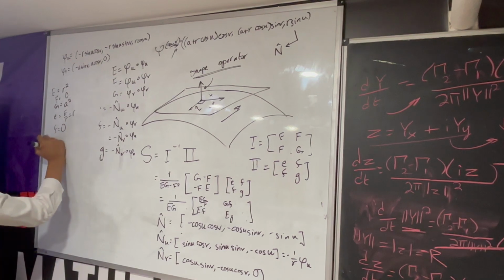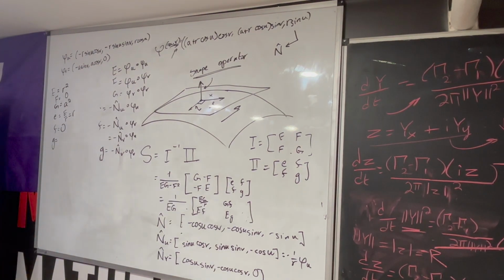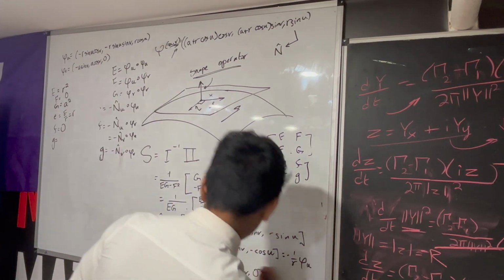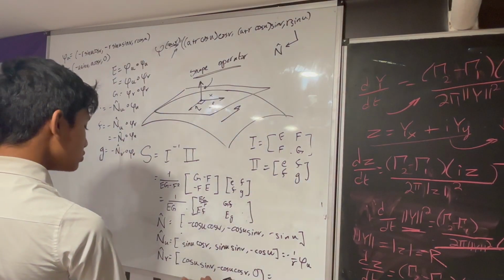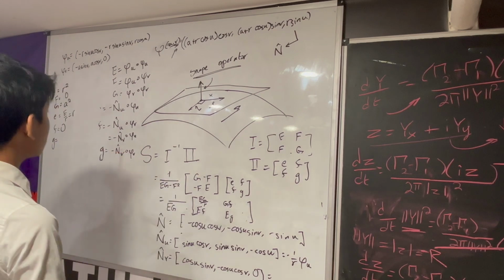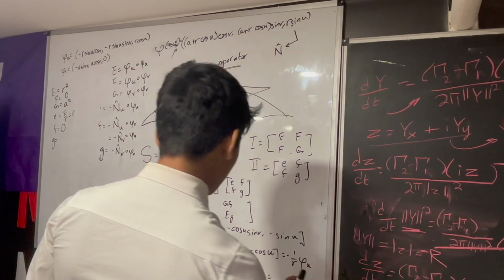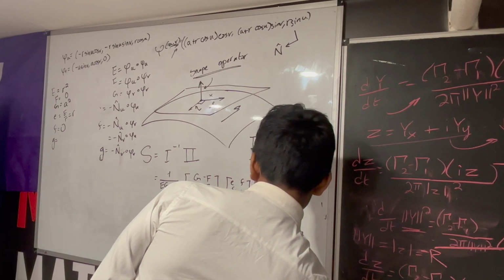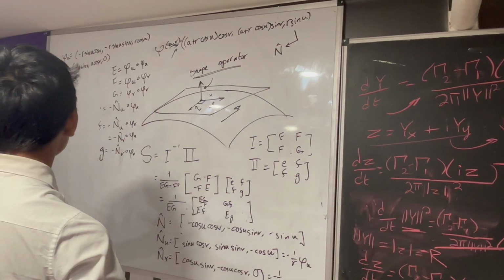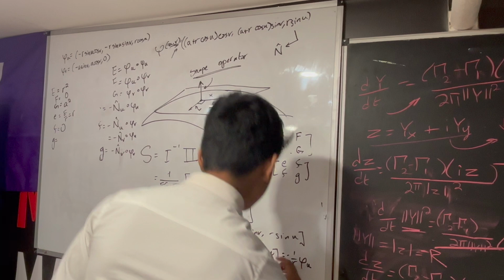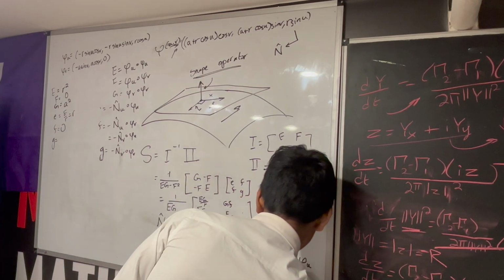Okay, and finally, what's g? Well, unlike the first one, minus a sine v, a cosine v, 0. Cosine u sine v. Yeah, this one, if you look closely, is also a multiple of sine v, minus cosine v, 0. This time, it's just minus 1 over a multiplied by cosine u by v.